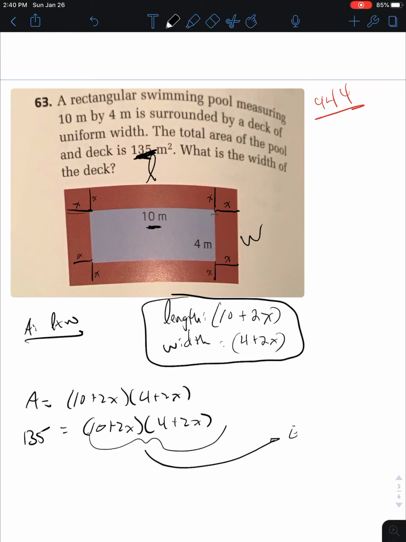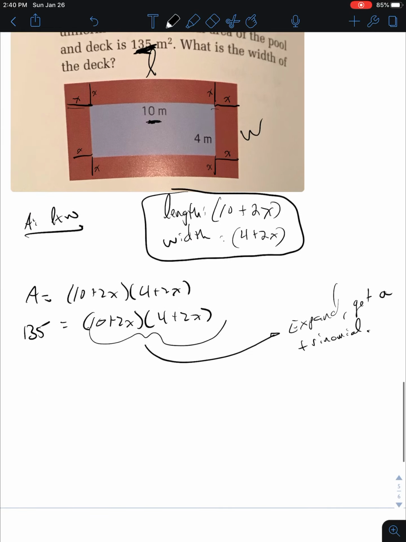Now, why don't we expand this and get a trinomial? So let's expand it. 135 is equal to... we're just going to FOIL it.